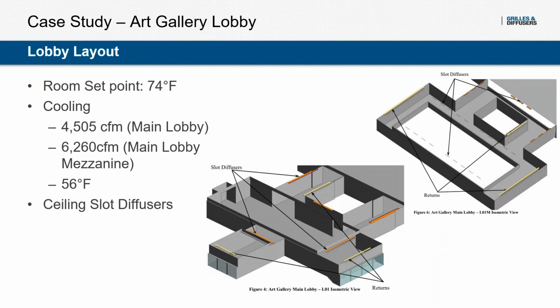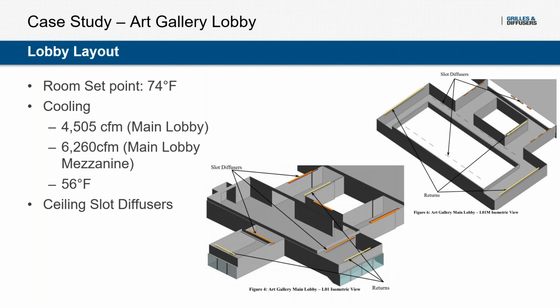So looking at the lobby here, again, we've got the room set point at 74. The cooling is about 11,000 CFM at 56 degrees Fahrenheit to condition both the lobby and the mezzanine. Here, we wanted to use only slot diffusers, again, for the supply and the return.